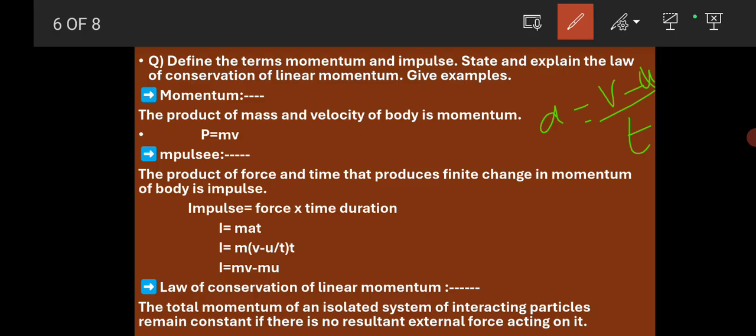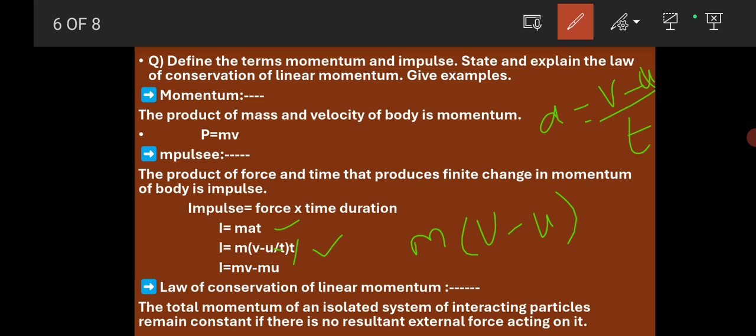So that we substituted here, I equal to m into v minus u by t, into already one t is in the above equation. Now t cancels. So what remained? m into v minus u, t cancelled. So now multiply it, mv minus mu.